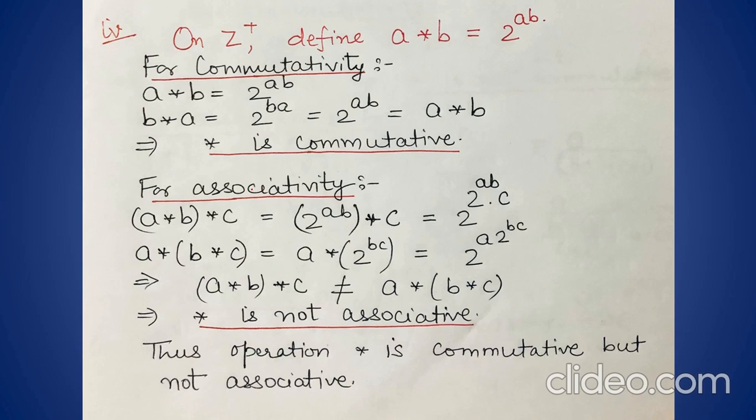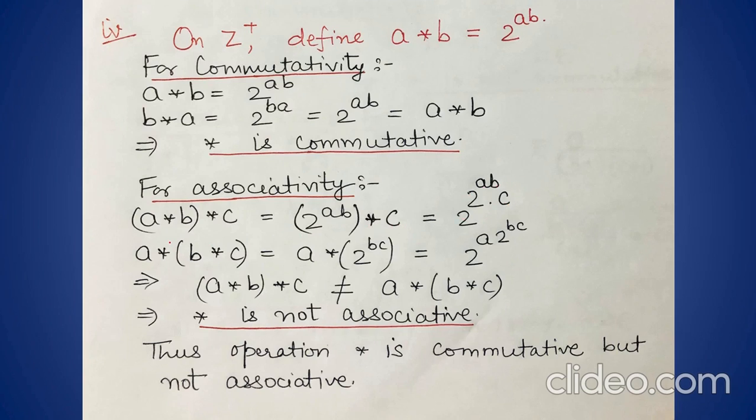Now check for associativity. First bracket A star B star C is equal to, we first put the value of A star B, so it becomes 2 to the power AB star C. Now first element is 2 to the power AB and second is C. Now we apply the binary operation on these two, so it becomes 2 to the power product of these two elements, that is 2 to the power AB into C. So this is the result.